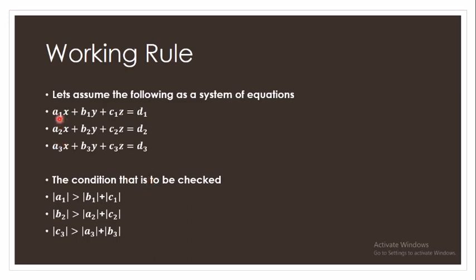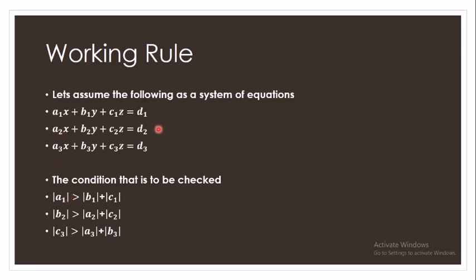So if this is the first equation, then the coefficient of x is a1, and that is greater than the sum of b1 plus c1. Here I have put a modulus sign, so that means I'm not interested in the positive or negative signs of the coefficients, only in their magnitude.